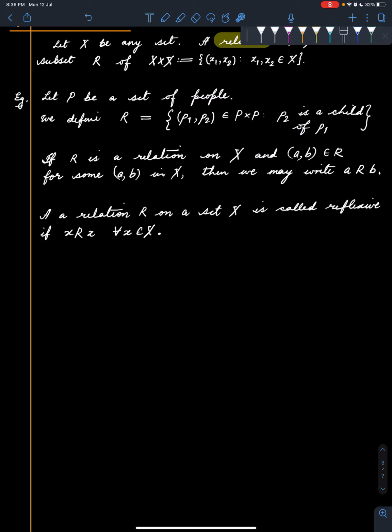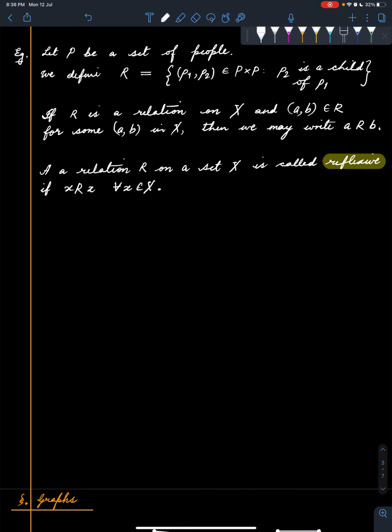Okay, so reflexive, it is faithful to the terminology. It's a good terminology basically. So when you have a relation which has the property that every element is related to itself, you call it a reflexive relation. We say that R is irreflexive.